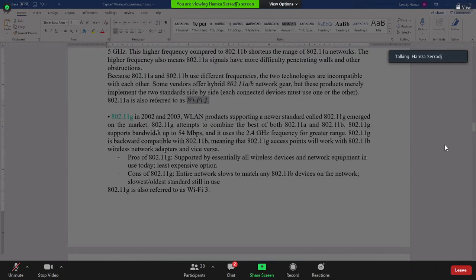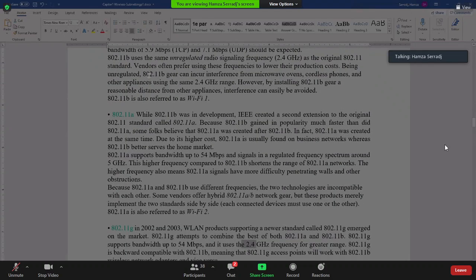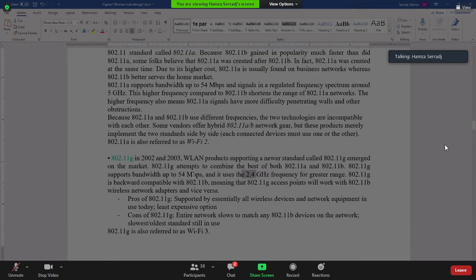That refers to Wi-Fi 2. G, Wi-Fi 3 here. They made an update around 2002, 2003. Products supporting a newer standard called G emerged on the market. What they did with G is they used the 2.4 gigahertz frequency, keeping its advantages. They took the B and tried to enhance it to get a higher speed like the A, without all the problems of the A, the difficulty penetrating walls and the short distance.